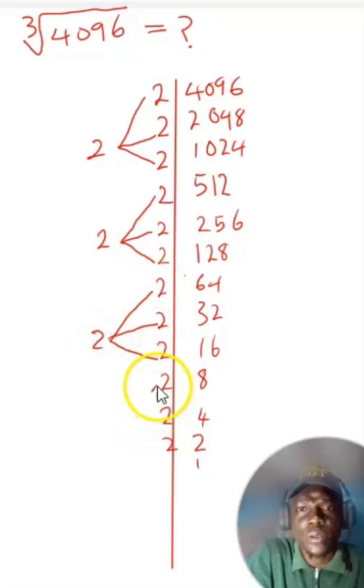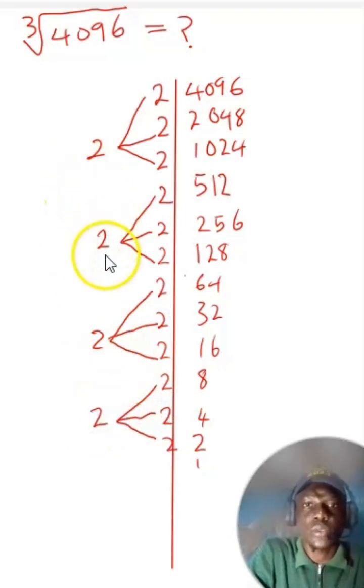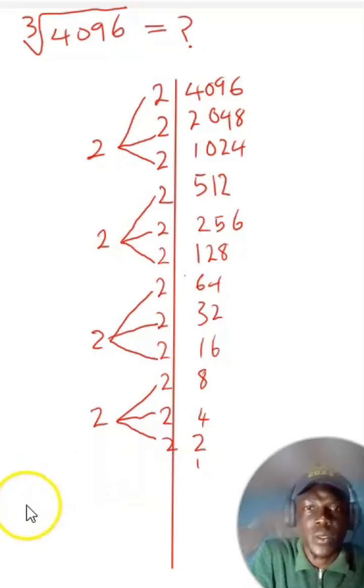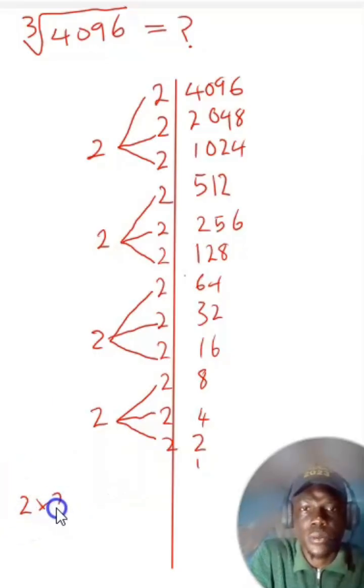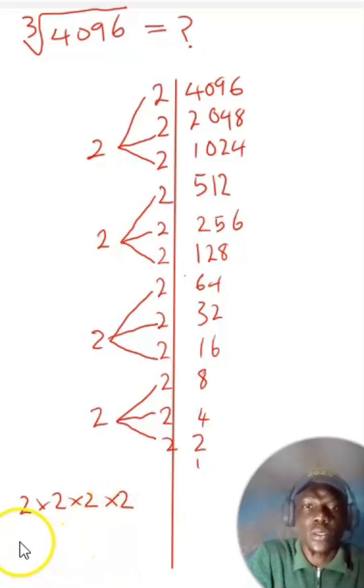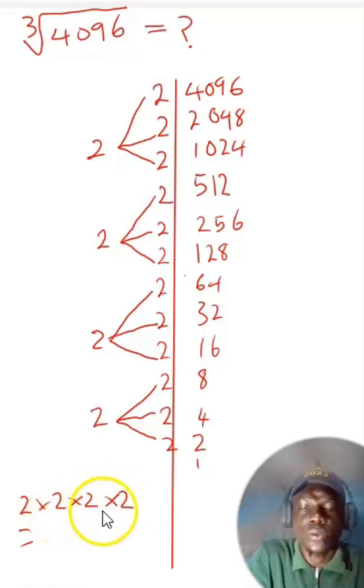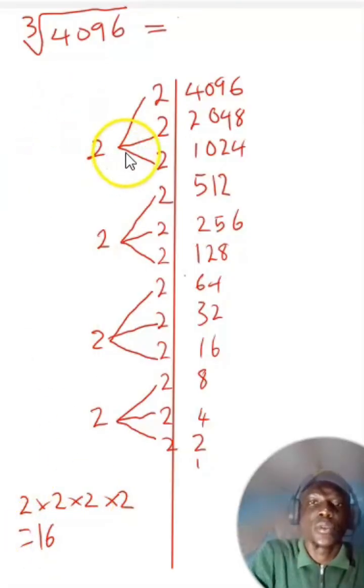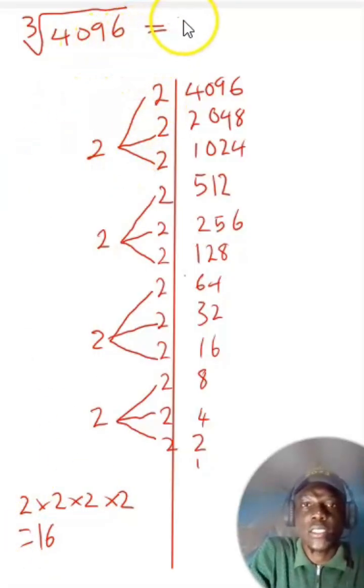Group them again. We have 2. So this times this times this times this, they'll multiply. We have 2 times 2 times 2 times 2. 2 times 2 is 4, 4 times 2 is 8, 8 times 2 is 16. Therefore, the cube root of 4096 is 16.